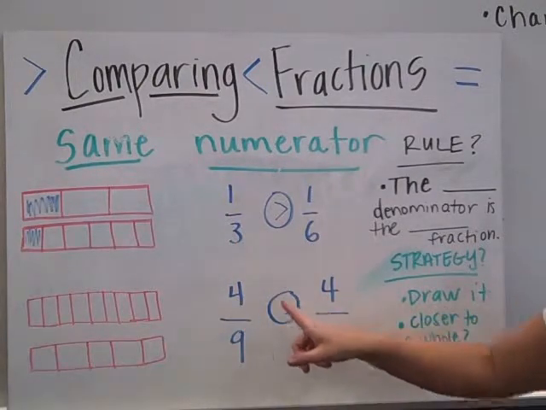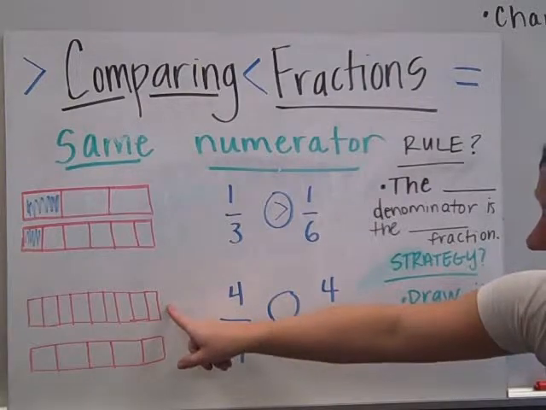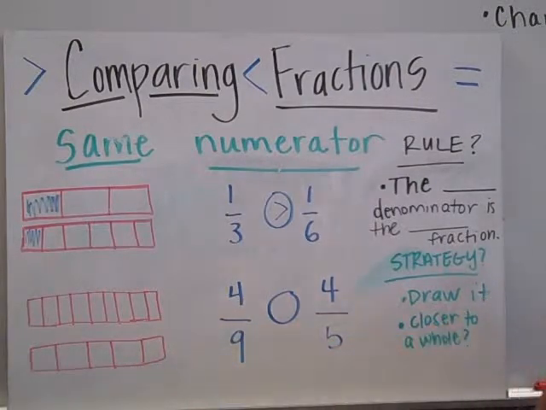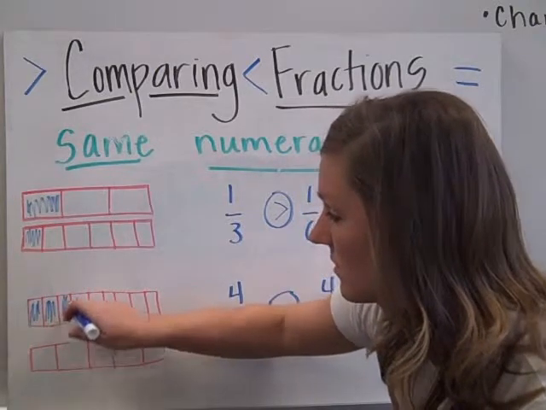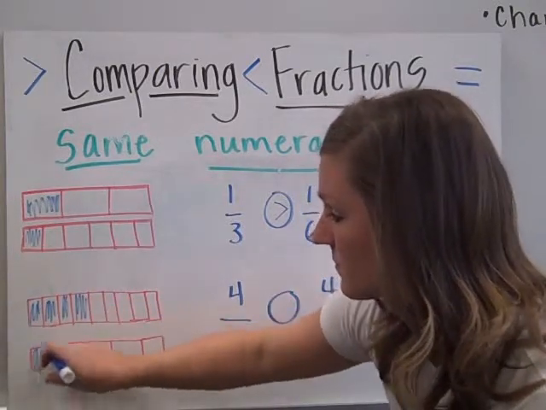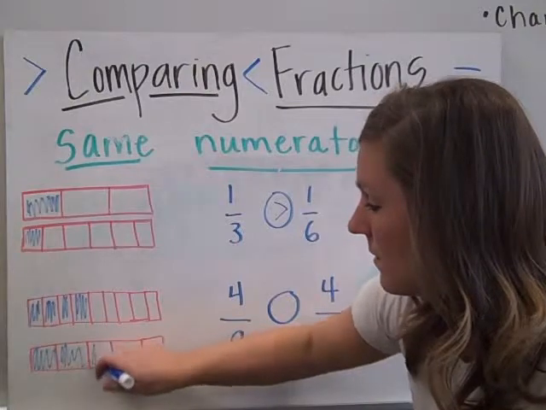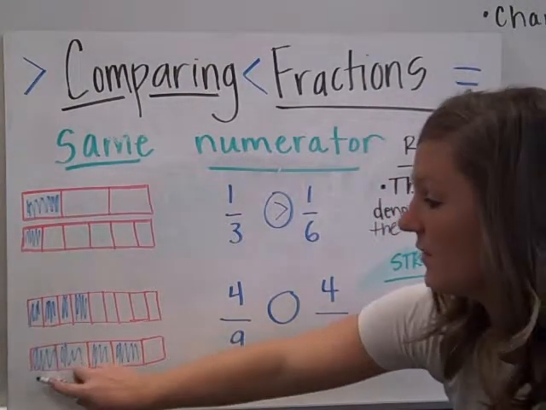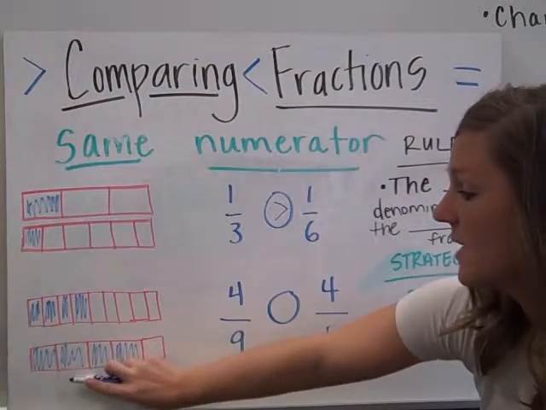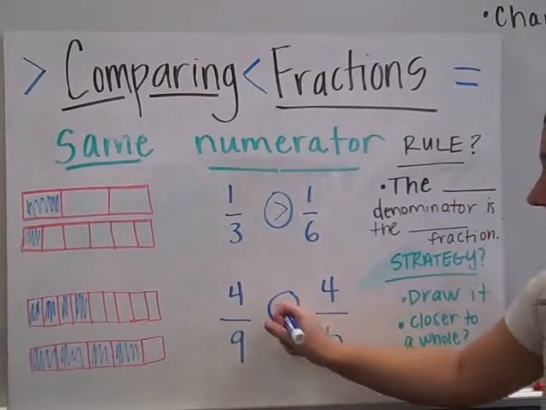Again, my numerator's the same, so I drew ninths and I drew fifths. I'm going to shade in 4 of each. And here again, you can easily visually tell that this 4/5 is larger than 4/9.